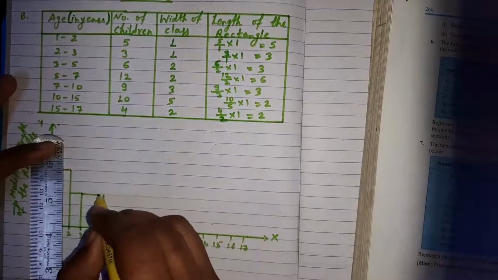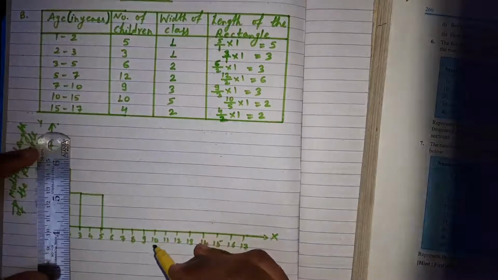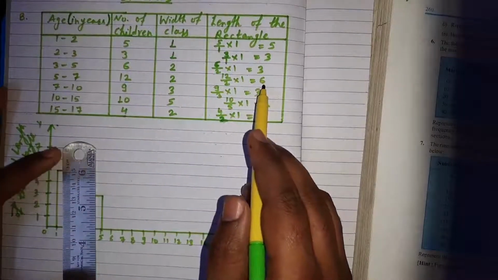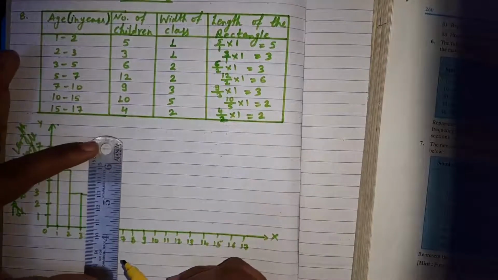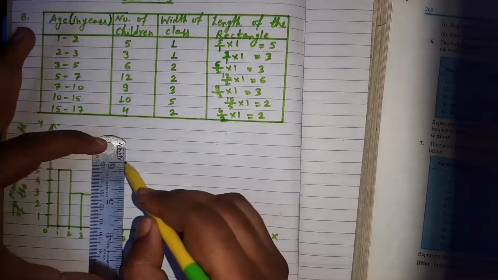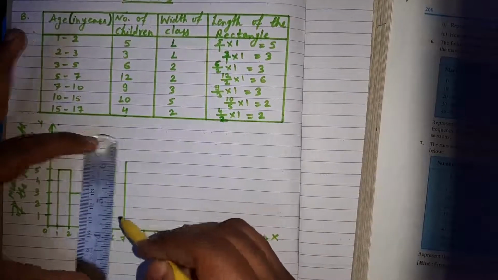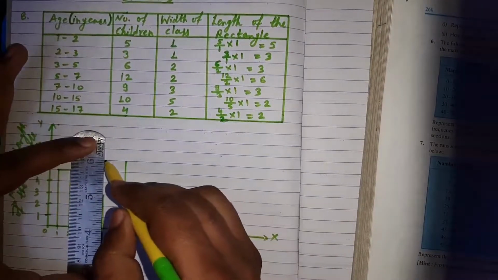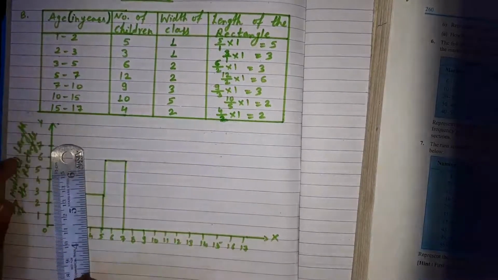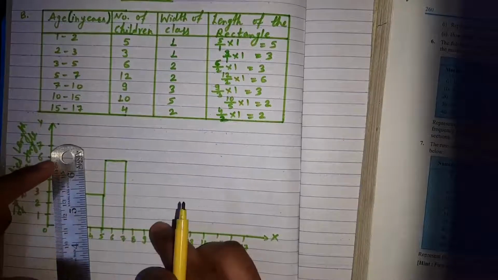For the next class interval, 5 to 7, the modified length of the rectangle is 6. This is for the class interval 5 to 7.